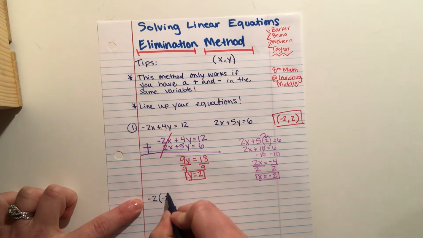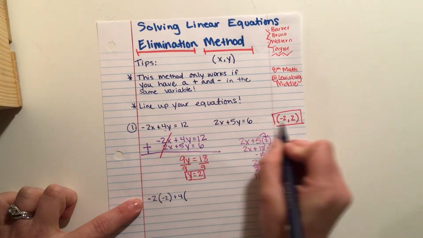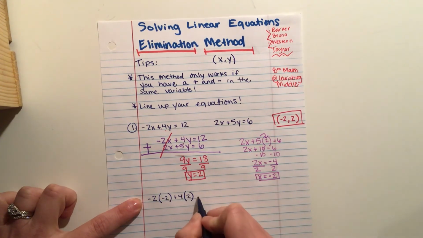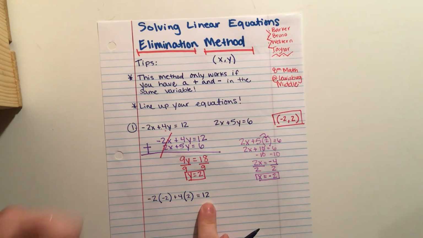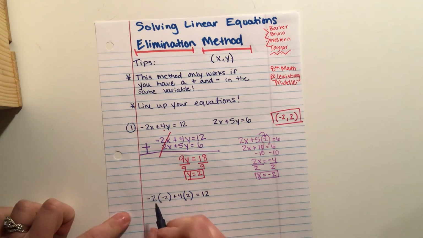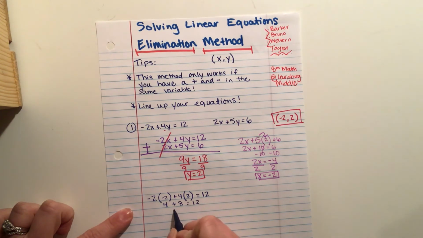Negative 2, plus 4 times, what was my y? 2, equals 12. If this works and equals 12, you are correct. So what is negative 2 times negative 2? That is positive 4. Plus, what is 4 times 2? 8. Does 4 plus 8 equal 12? 12 equals 12, so yes, we are correct.